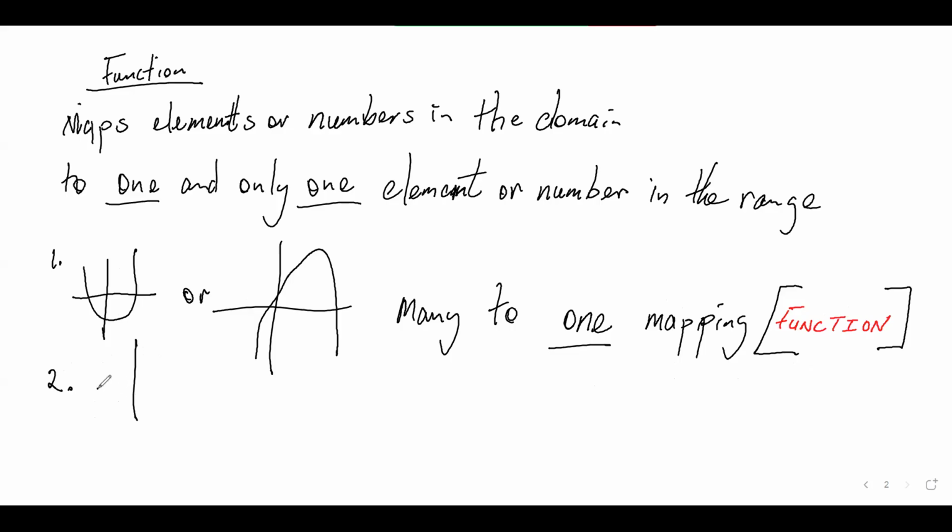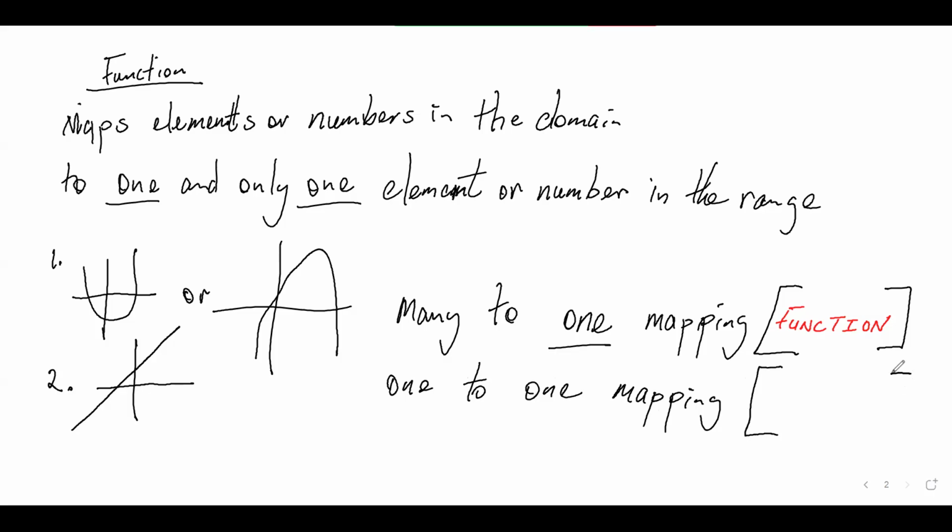A straight line is a one-to-one mapping. Harrison, is this a function or not? One-to-one. Is it a function or not?